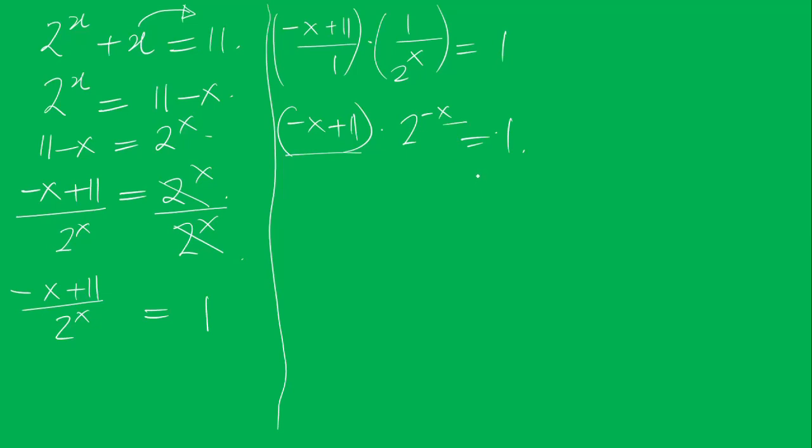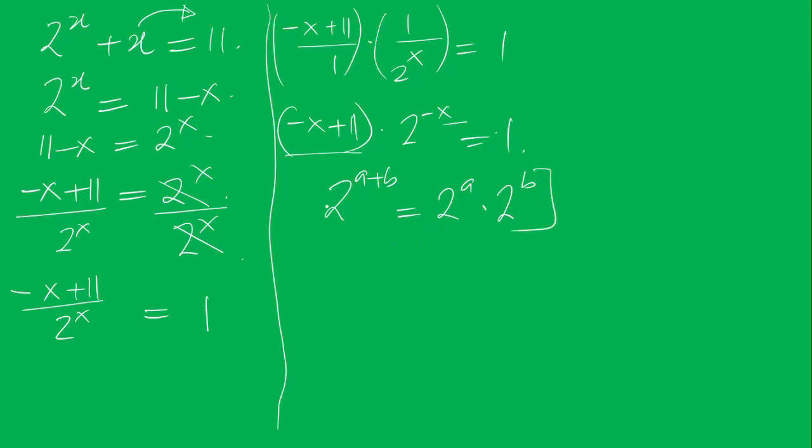For me to make it the same, I need to add plus 11 to the exponent. This is like applying the law of indices, where 2 to the power a plus b is the same thing as 2 to the power a times 2 to the power b.